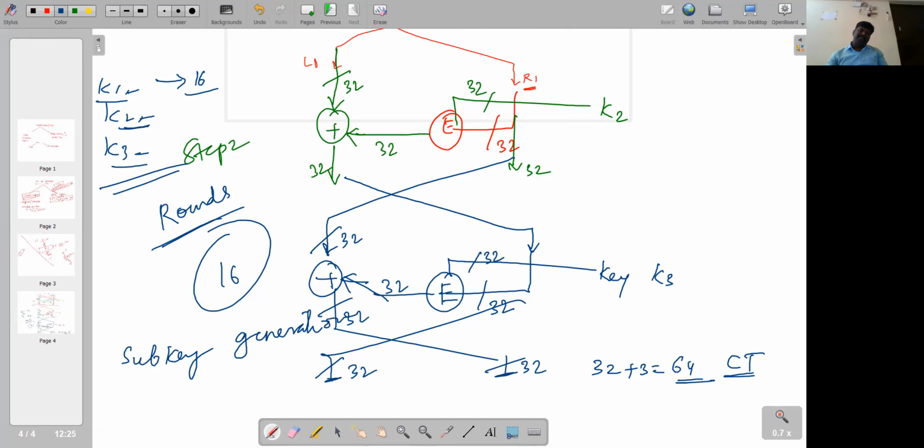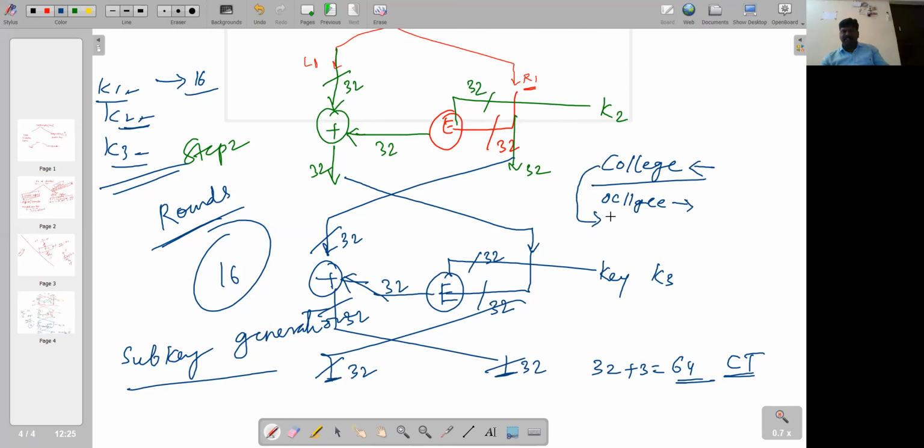What does subkey generation mean? From a master key, say for example, if I am taking COLLEGE as the key, then using any random technique, for example, OCLLGEE, this will be used as the key for the first round. After that, they will do some more changes, for example CLLOEEG.